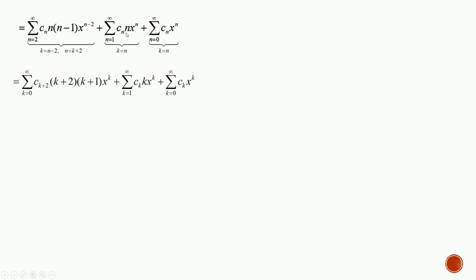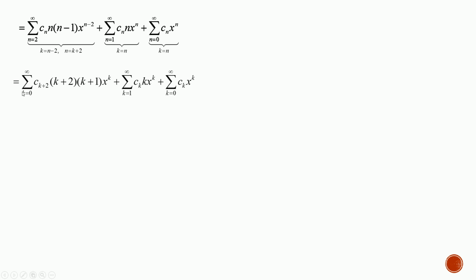And for the second and third sum, I'm just replacing the n with k. K equals 1 to infinity, c sub k times x to the k, plus the sum k equals 0 to infinity, c sub k x to the k. Okay, so all my exponents are the same, x to the k, x to the k, x to the k.